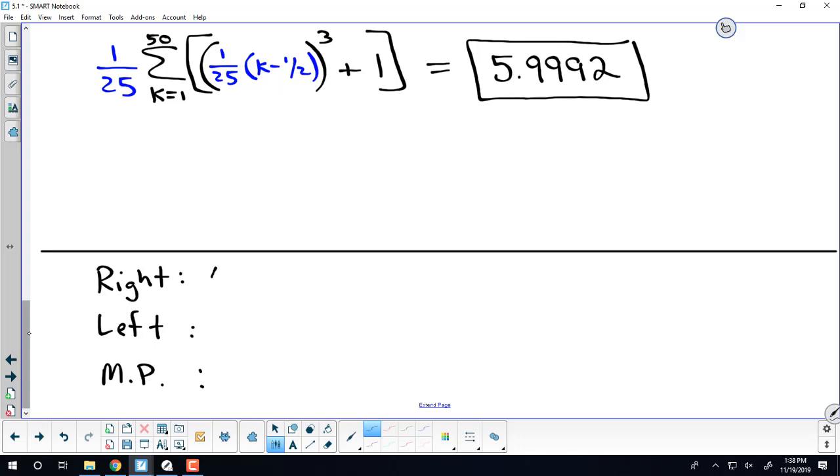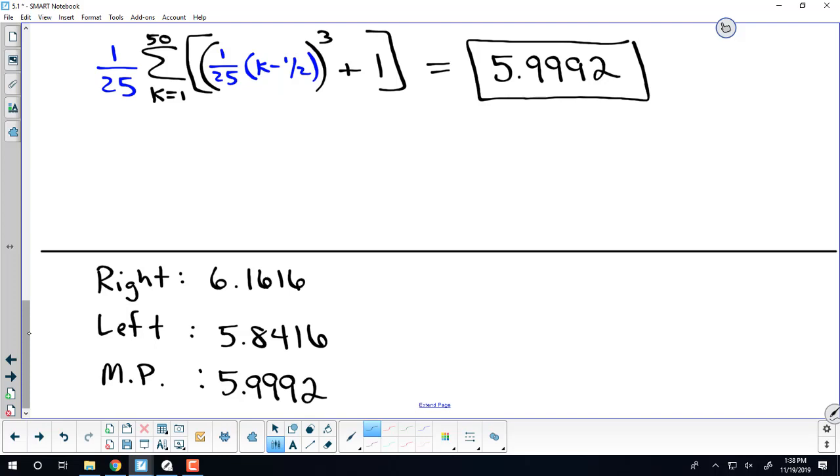So we had 3 computations. So what might you expect the exact area to be?